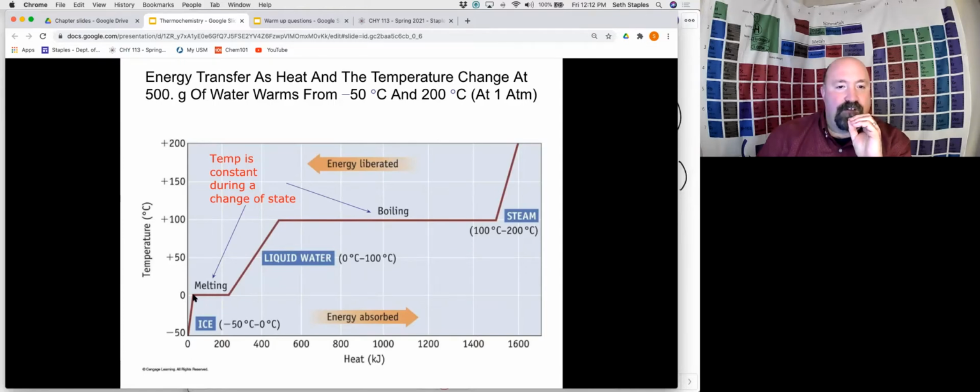So we're at 100% solid here. The energy is going into melting the ice until we're now at 100% liquid right here. Now that we're 100% liquid, the energy can once again go into warming the water up. So we're 100% liquid water here, warmed up, still 100% liquid water here, until we get to 100 degrees C. At the boiling point of water, now all the energy that we put in is going to go towards converting over to steam.